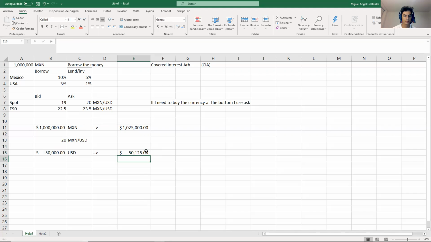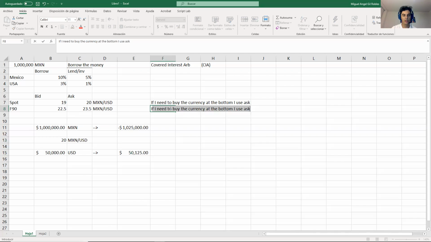And then finally, I need to go back to Mexico. Which rate will I use? I need to use a forward, but which one, bid or ask? If I need to buy the currency on top, I use bid. The currency on top is pesos. That's the currency that I need to buy, pesos, to go back to Mexico. So I will have to use bid 22.5.